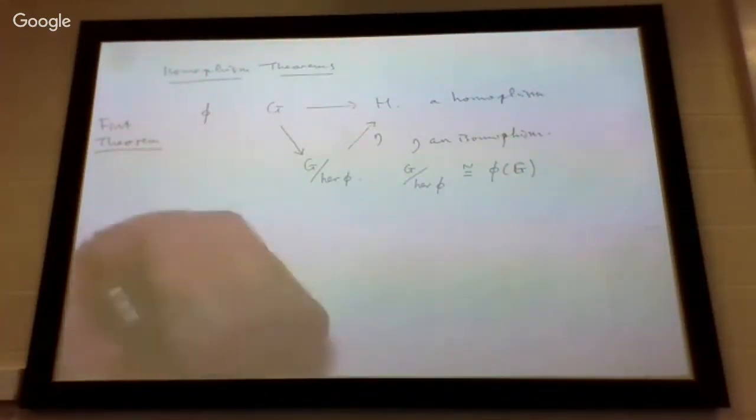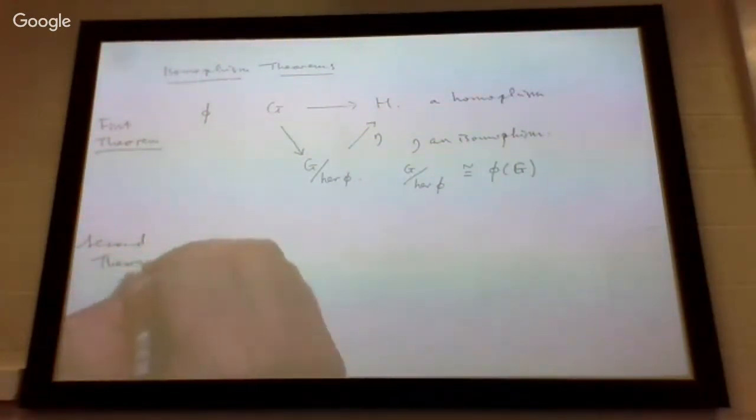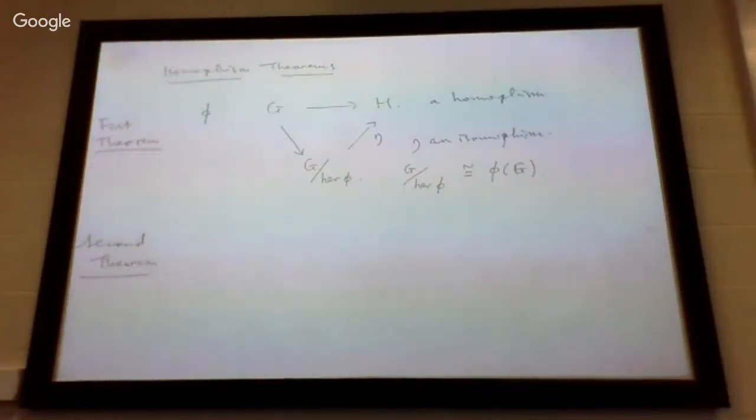Then yesterday, we proved the second isomorphism theorem. I just want to get onto the last one that we haven't done. So this was H a subgroup and N a normal subgroup.